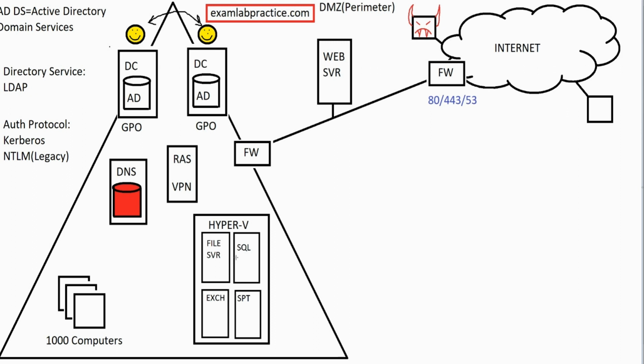But hopefully now you have a much better understanding of the concept of the RAS, VPN, as well the DMZ concepts and virtualization. And now in this next section we'll start getting into the concept of cloud services.